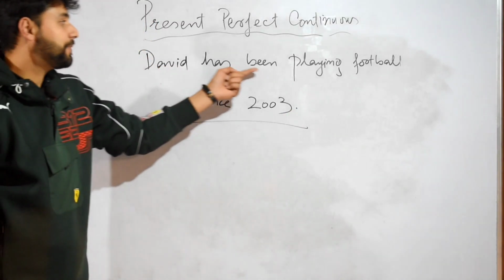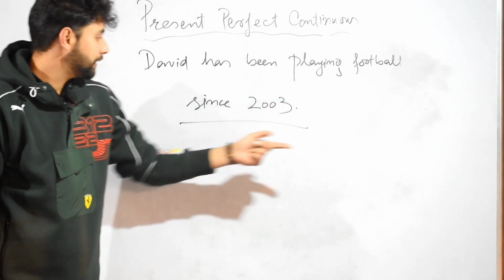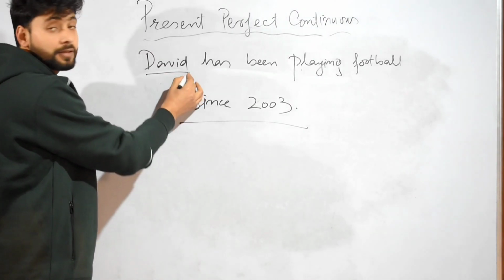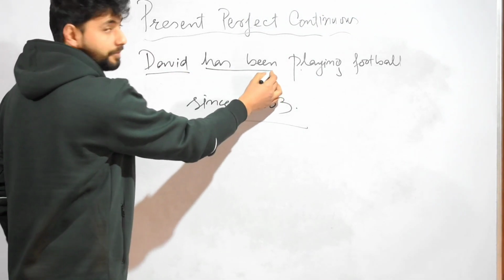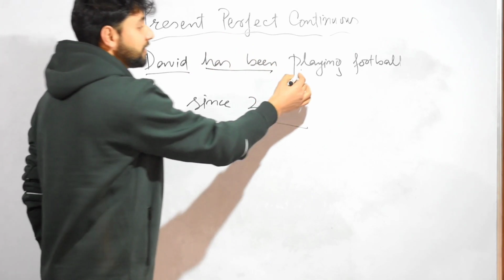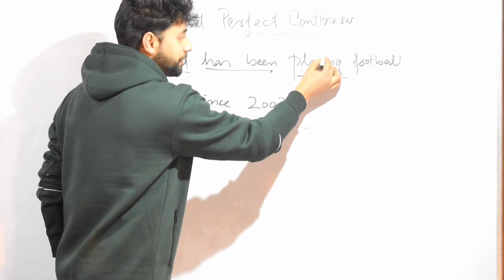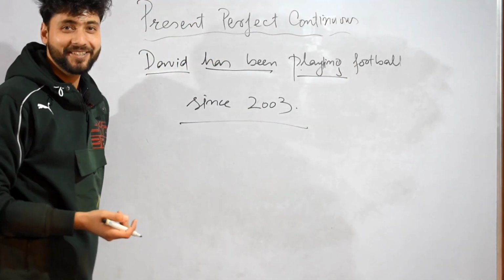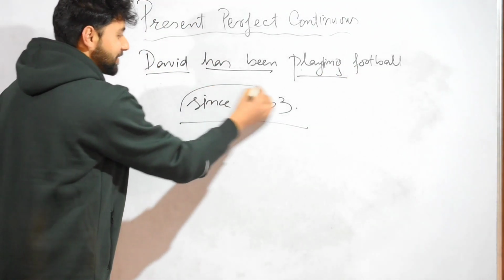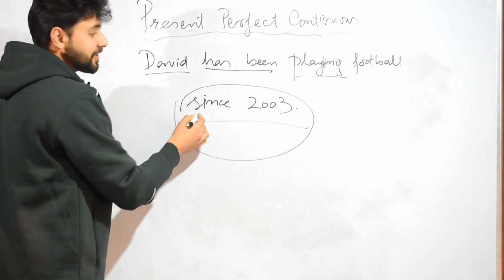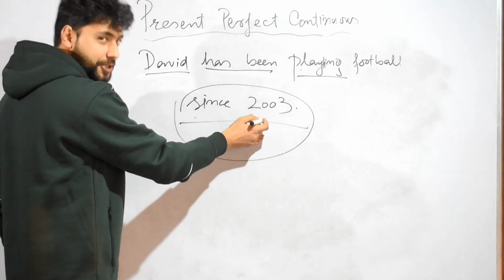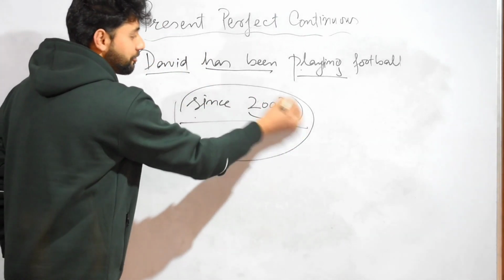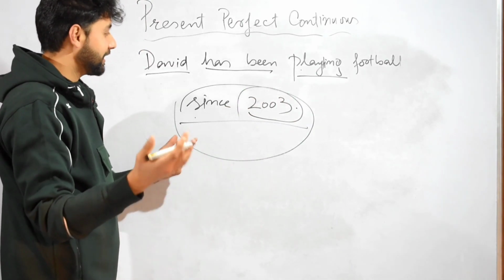David has been playing football since 2003. David, subject, has been in the format, playing, main verb plus ing, and the rest is history, you can say. Here is something you need to remember, that is since. Why since? Because here is a point of time, an exact point of time, 2003, calendar, right? Exactly.